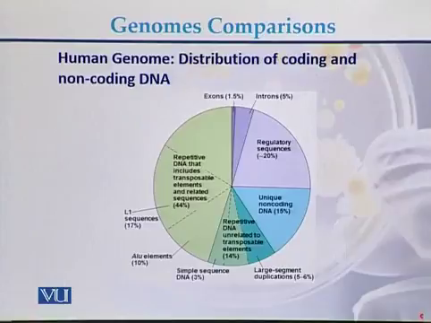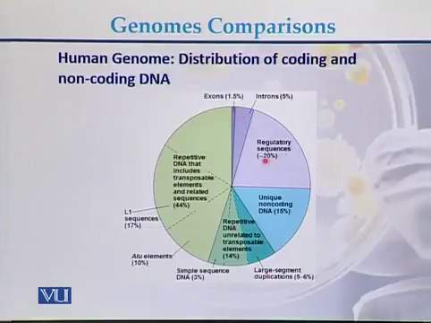This is a pictorial view of the human genome, where we can see the distribution of coding and non-coding DNA. Exons, which are coding and produce the polypeptides, are 1.5% of the entire genome. Introns make up 5% of the genome.